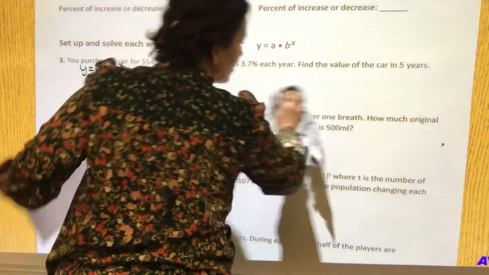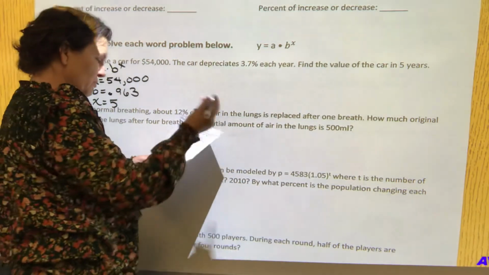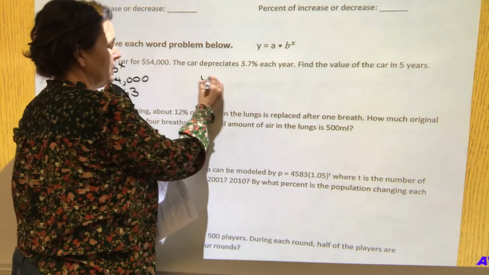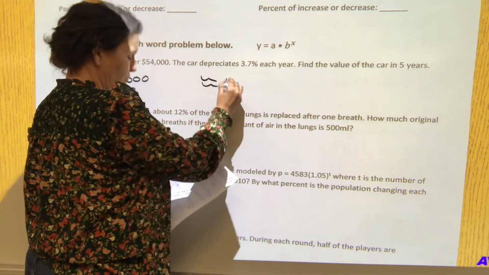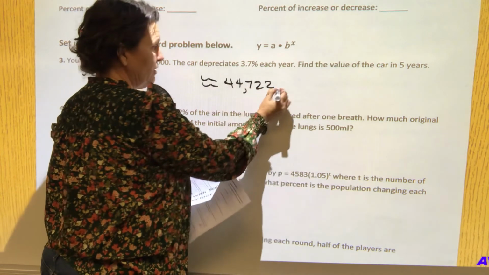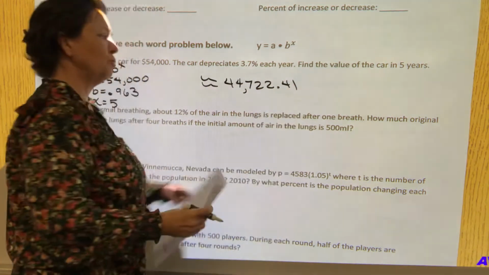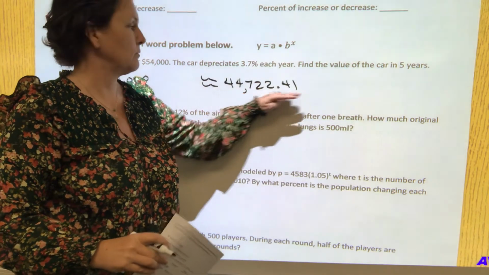The moment you drive that car off the lot, it's losing money. Again, most cars are not a great investment. So your approximate value that you're going to get out of the calculator is $44,722.41. You could literally just tell me 44,722. I'd be okay with that. You don't need the change on there.